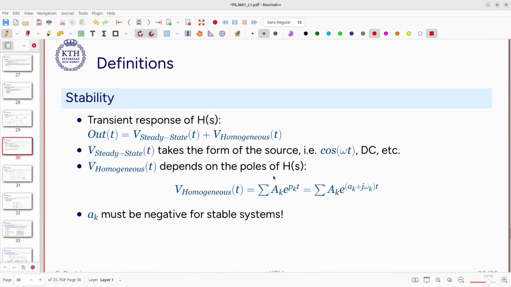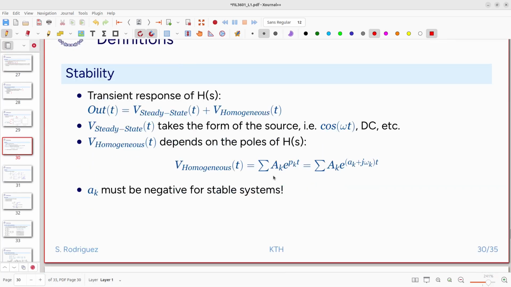For stability reasons, the transient response of a system, when we take the inverse Laplace transform, will contain some part that is steady and some part that we call homogeneous. The steady state takes the form of the source. If, for instance, it's a sine or cosine, it will take the same form.